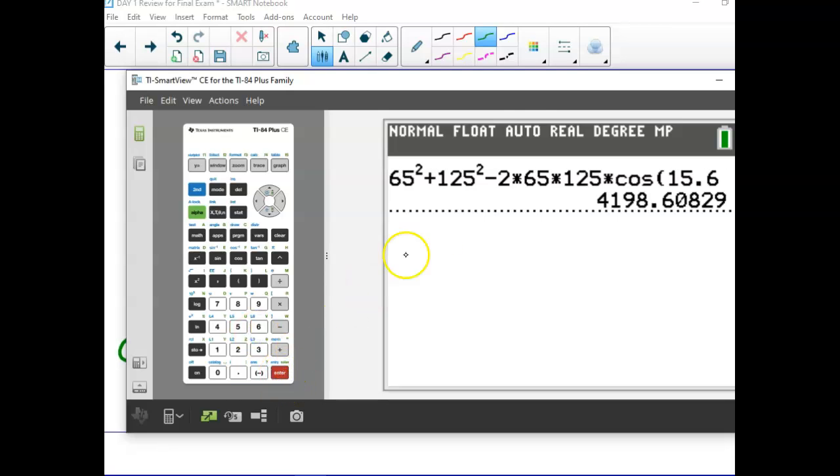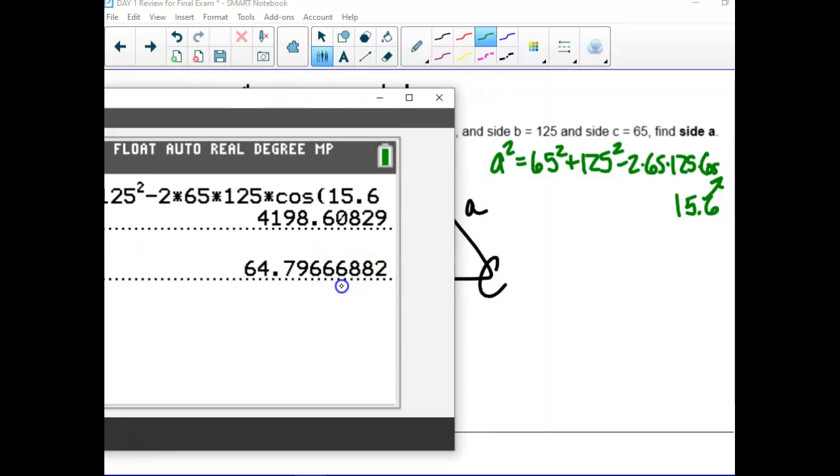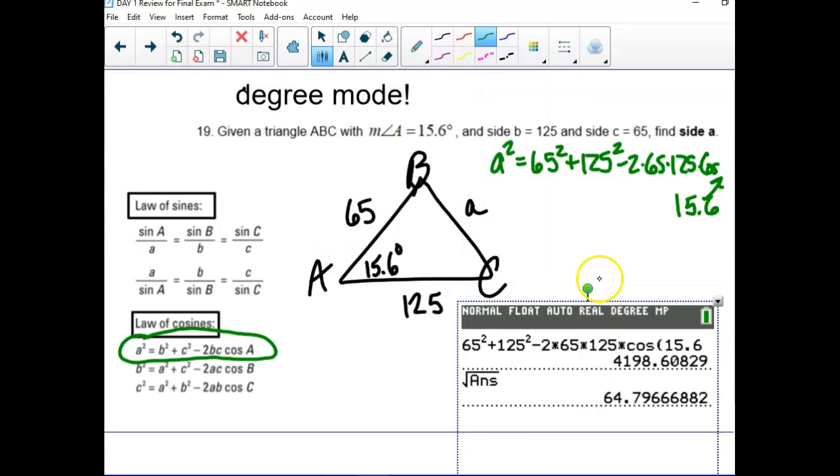Okay, now that's one of the answers, but it's not the final answer, right? Because this is A squared, so we still need to square root. So A is 64.8. So we got A squared was 4198.6, and then we square rooted, and we got A is 64.8. Questions?